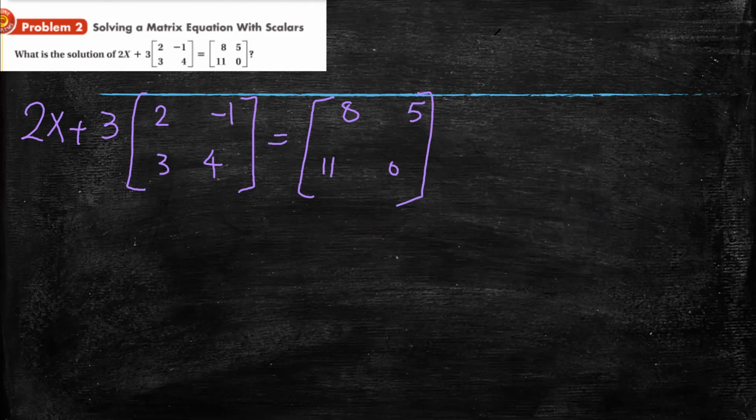Like I said before, 2x plus 3 times a number gives me a number. So the first step, I have to multiply the scalar 3 by the matrix.